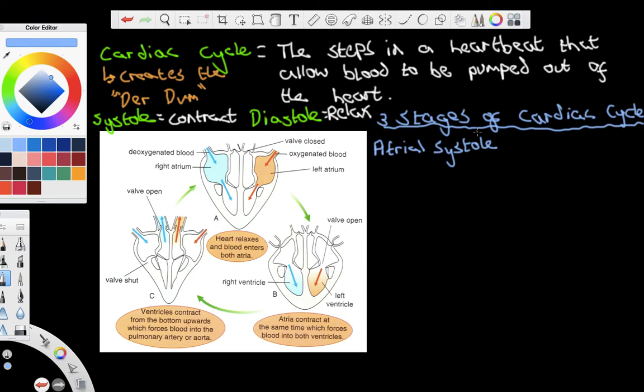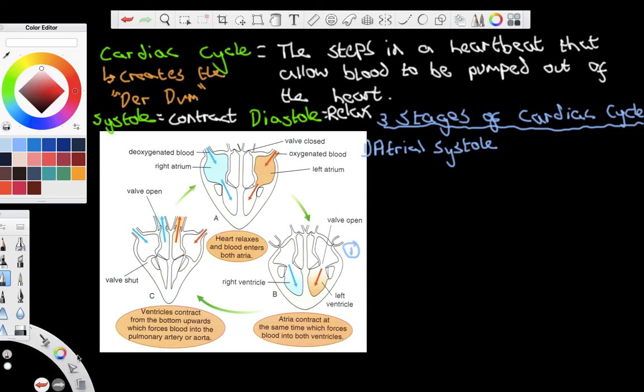In atrial systole, the atria, the 2 upper chambers of the heart, contract. That's shown here, number 1. The atria are contracting and blood is pushed down into the ventricles. This gives the heart its D sound.